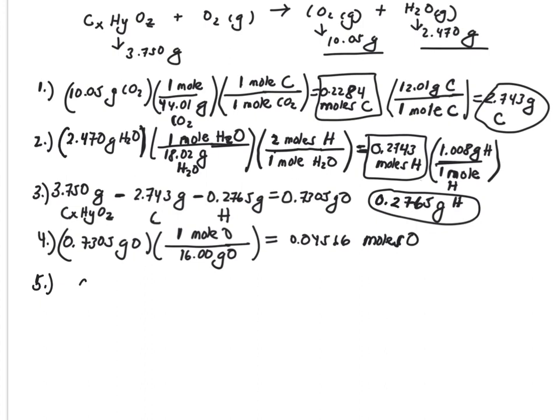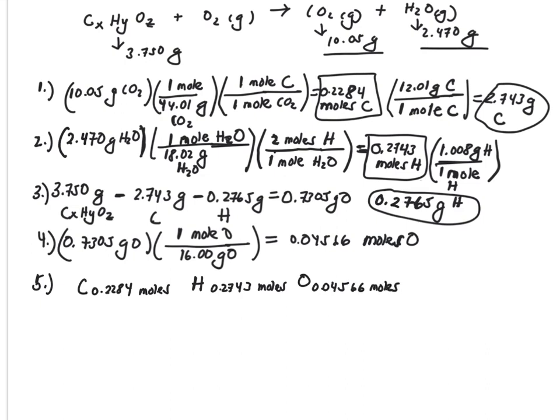So we have carbon, we have 0.2284 moles. For hydrogen, we have 0.2743 moles. And for oxygen, we have 0.04566 moles.